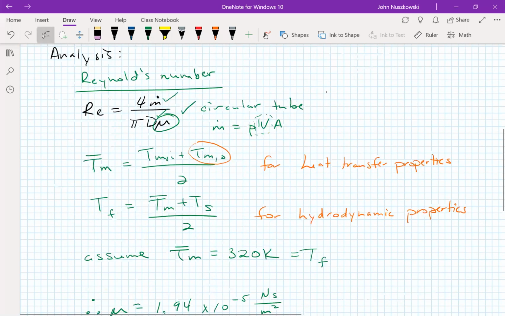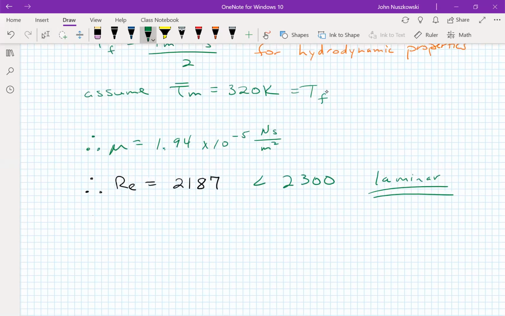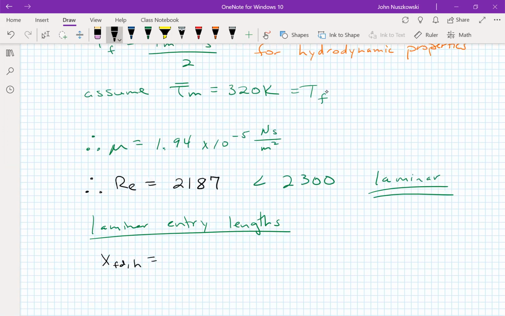We know the laminar entry length. Fully developed for the hydrodynamic, it's going to look like this. For fully developed for the thermal, it's going to look like this.